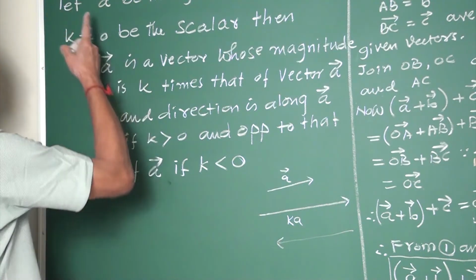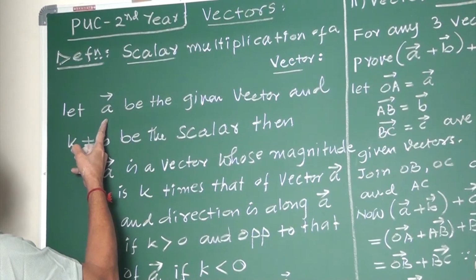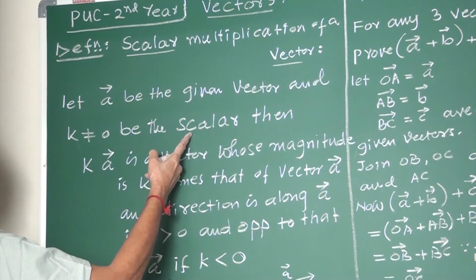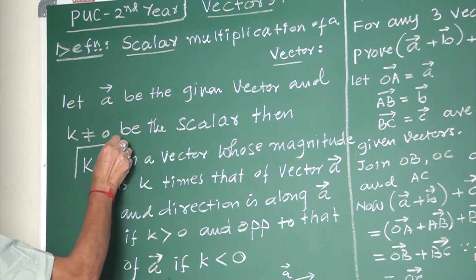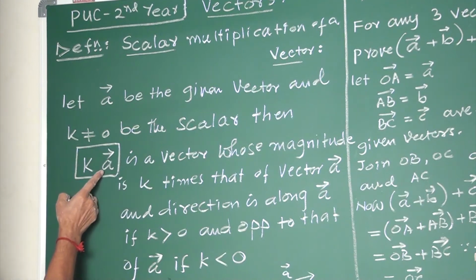If A is the given vector, k not equal to 0, a scalar quantity, then kA, remember, kA is the scalar multiplication of a vector.